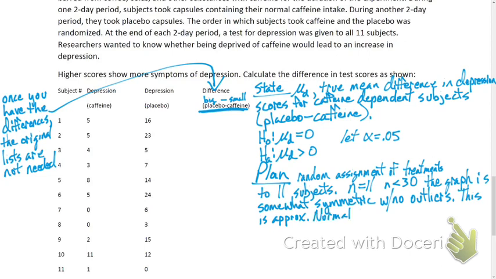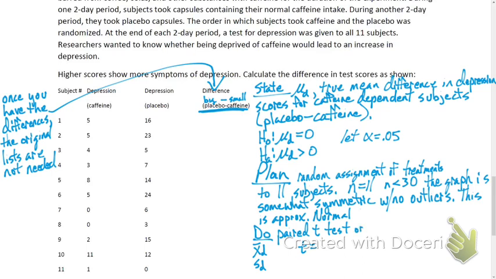All right, let's move on to the math part. I'm going to run out of room. So we are doing a paired t-test. And we need to write down the mean difference, the standard deviation difference, the t-score, and the p-value.